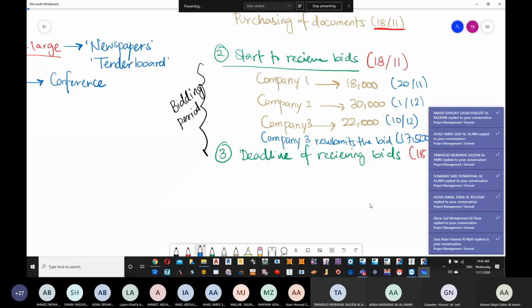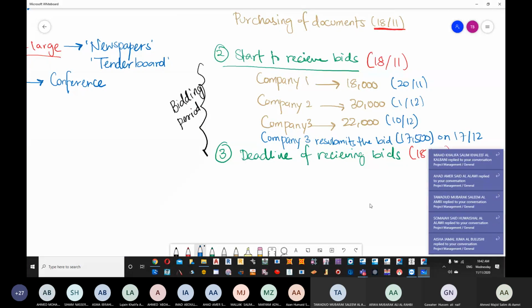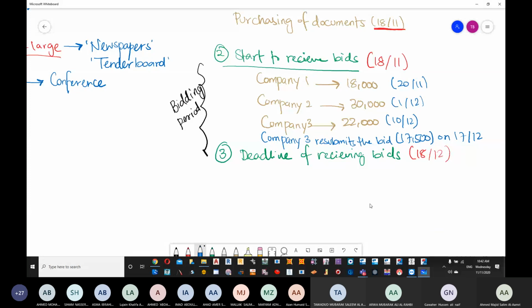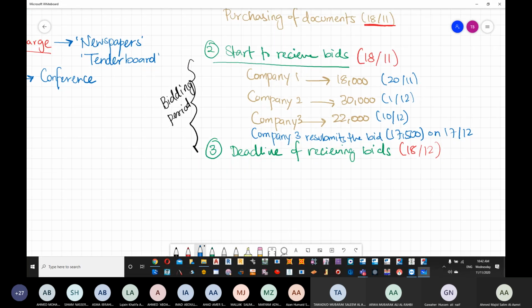Okay. So, what do you think? Is it possible for company number three to resubmit the bid? Some are saying yes, some are saying no. Are they allowed to resubmit their bid?